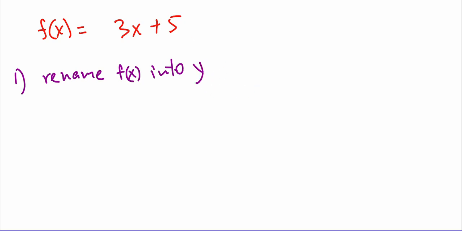It's not 100% mandatory, but like I said, it's convenient. So that's the first step. The second step, and these could be combined, there's no rule saying this must be the first step, one just follows the other: switch x's and y's positions.